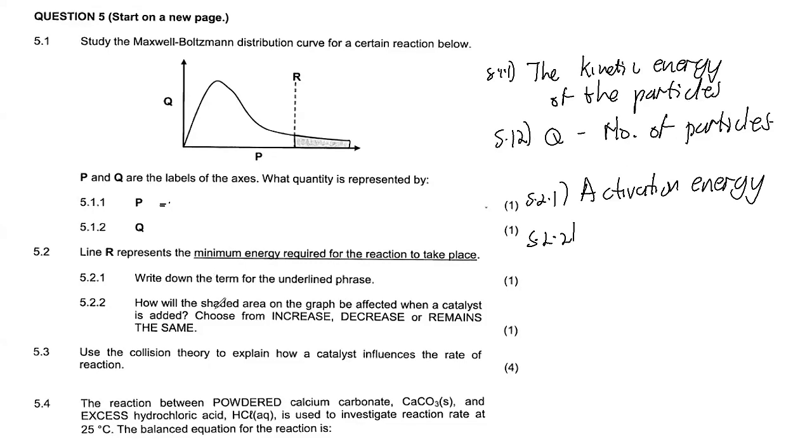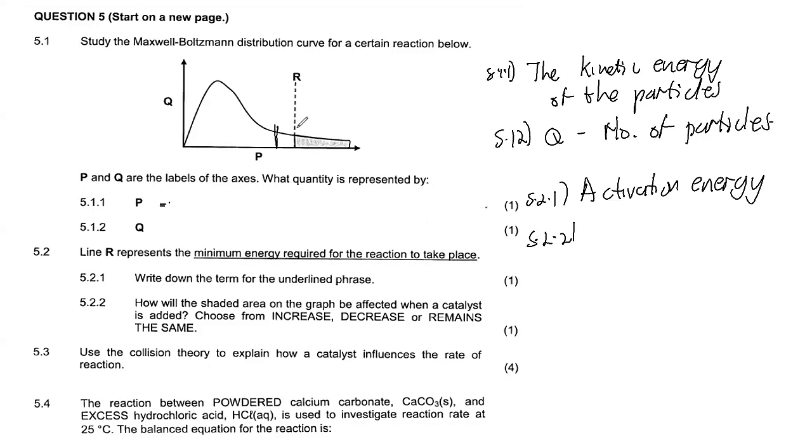And then 5.2.2 is asking, how will the shaded area of the graph be affected when a catalyst is added? Choose from increase, decrease, or remain the same. Now, if we add a catalyst, the impact it has is that it decreases the activation energy, and by decreasing the activation energy it allows more particles to have energy that is greater than the activation energy.